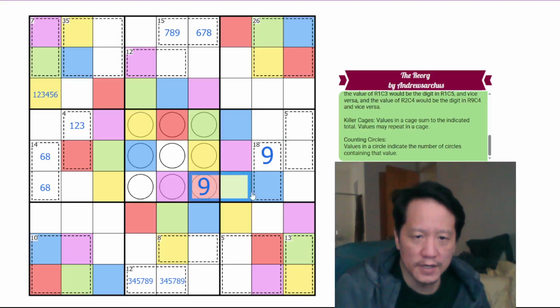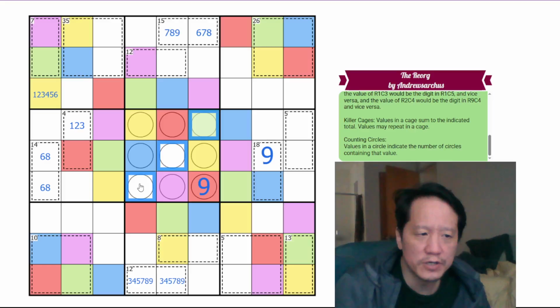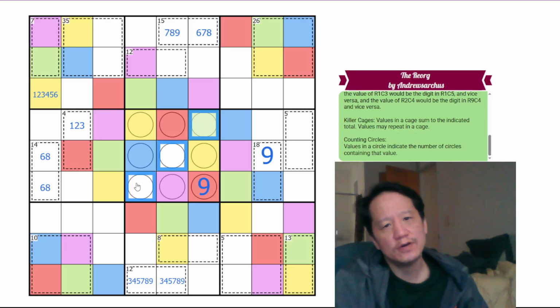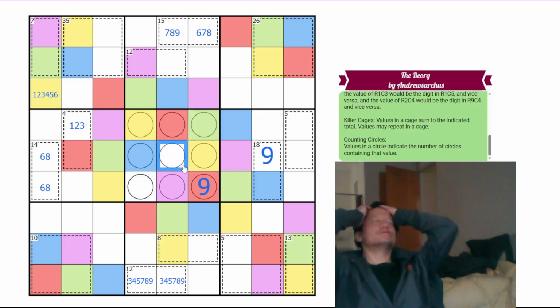So this is 9 and 9, which adds up to 18. One of these then has to be a 1, right? Because you can't have... Well, no, you don't have to have that.